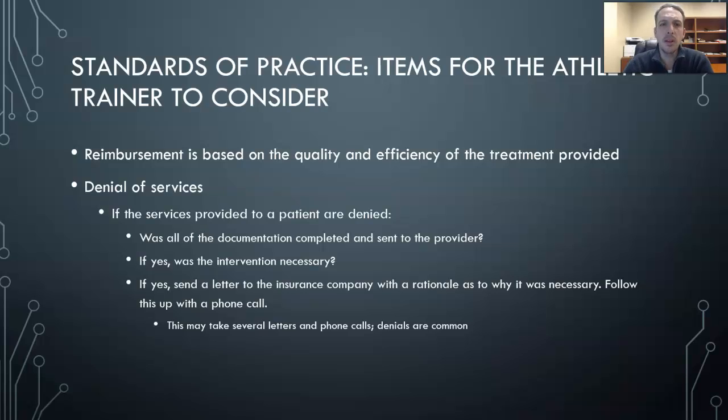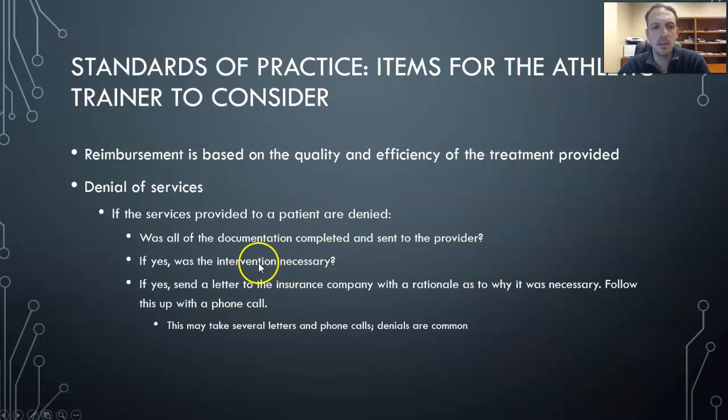The reason for that is because of these denials of services. Services provided to a patient are denied if the documentation was not completed and sent, or if the intervention wasn't deemed necessary. If it is denied, there are appeals options, but you can see from the very beginning, athletic trainers don't do a good job of these first two things.